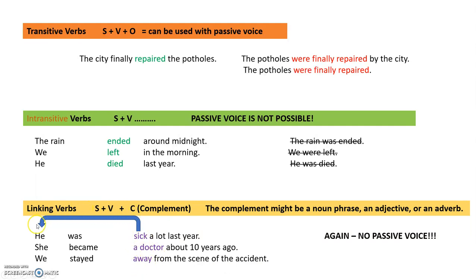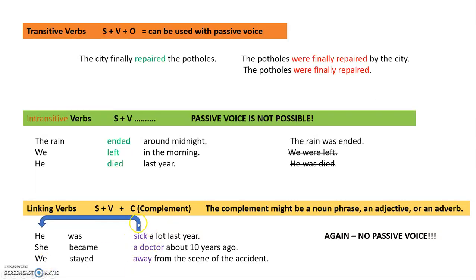So I have an example where the complement is an adjective, a noun, and an adverb. And this arrow is meant to show you that complements refer back to the subject. So the adjective sick describes this same man. The noun doctor is referring to this same woman. It's the same person. And this adverb away gives the place of this subject, we.